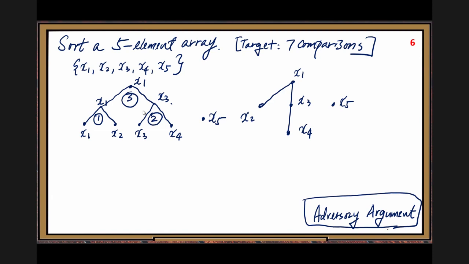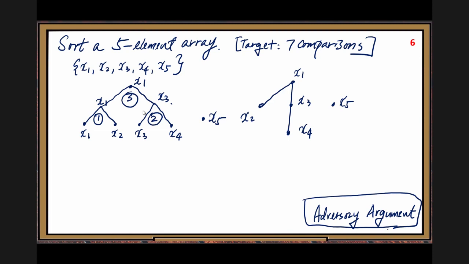We imagine there is a smart adversary fighting against us. Our goal, we want to work on the worst case, right? But how do we get a worst case? We imagine there is an adversary who would try to make our life harder to give us worst case.